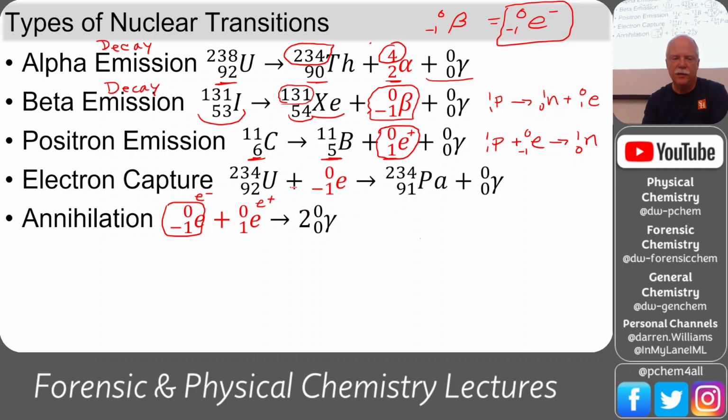So let's balance this. If we have electron capture, we've got this uranium-92, huge amount of protons, 92 protons in the nucleus. And it's not impossible for one of those 1s electrons to get sucked into the nucleus. And so it's got a -1 here. So all you've got to do is know what an electron is. Same as a beta particle, but we're talking about electron capture, so we'll use the E for electron.